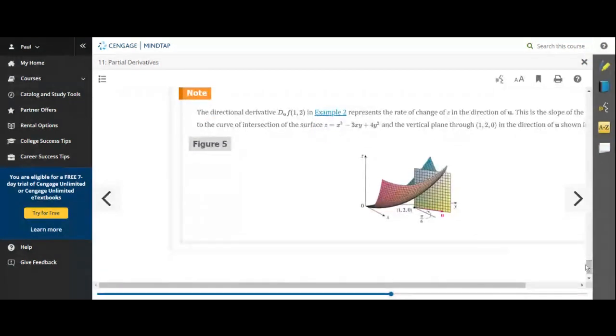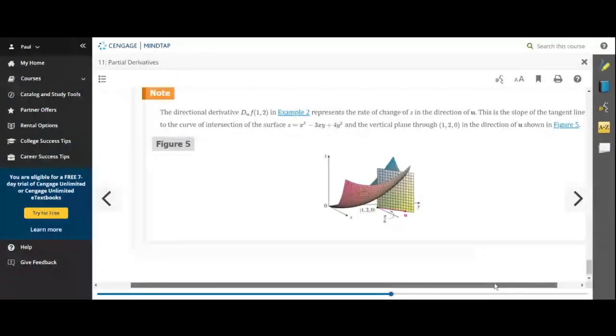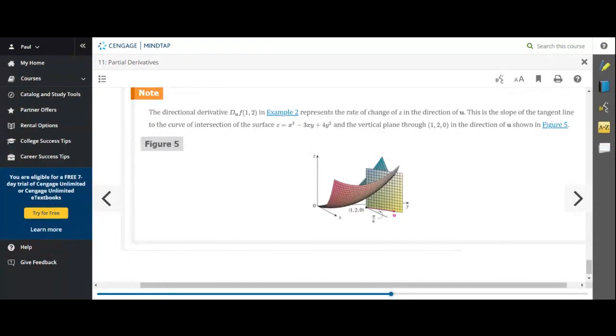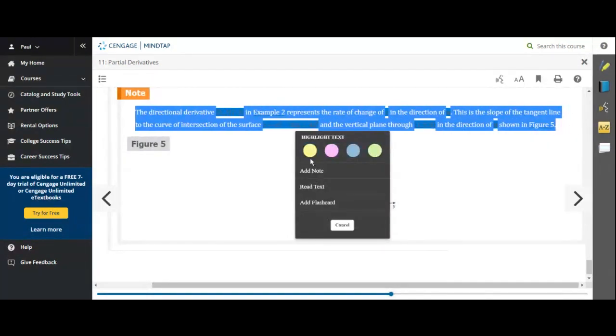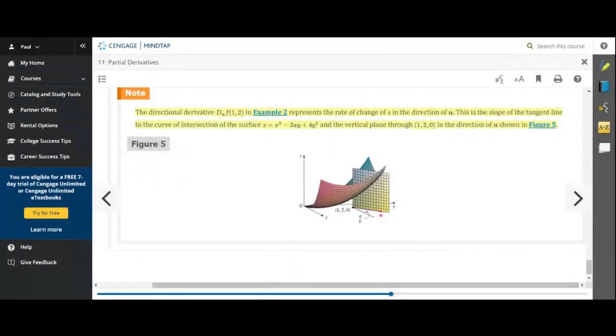Well, here's a little picture. Okay, so the directional derivative represents the rate of change of z in the direction of u.